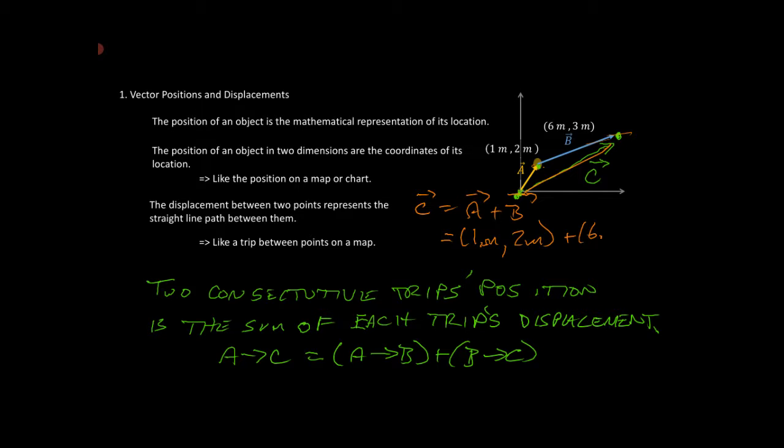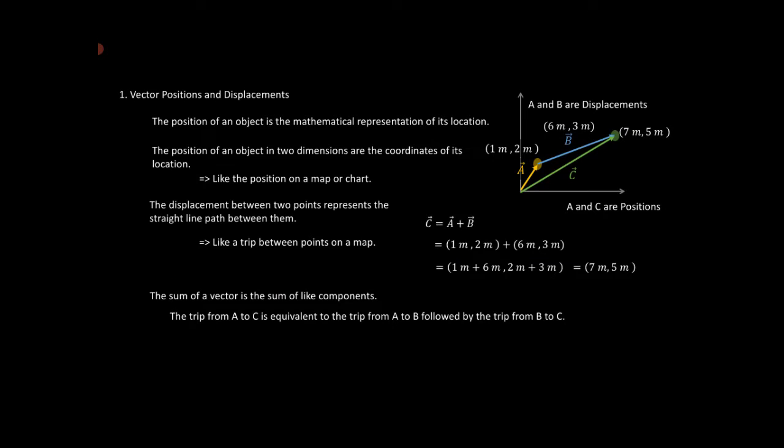B is 6 meters, 3 meters. And when we add, we just add components. So if we went 1 meter east first and then 6 meters east second, we went 7 total meters east. We went 2 meters north, then 3 meters north, we went 5 meters total north. So it would be 7, 5. All right, and that's more or less how this works.